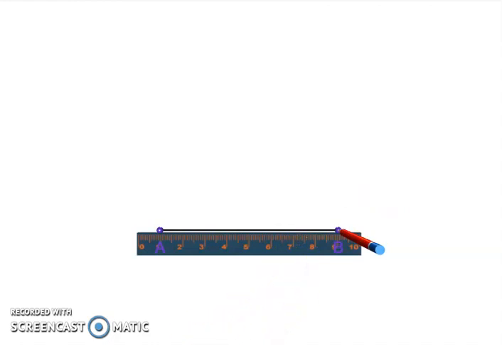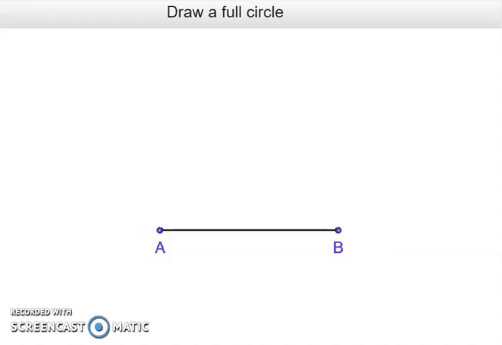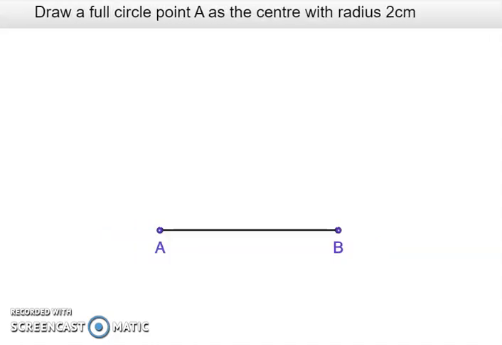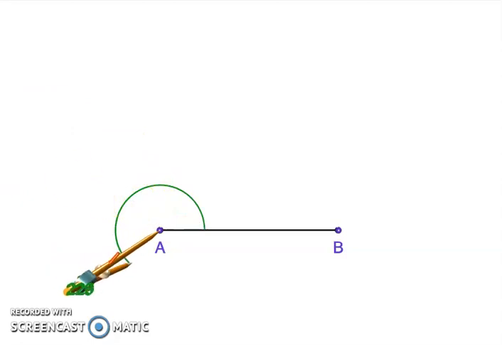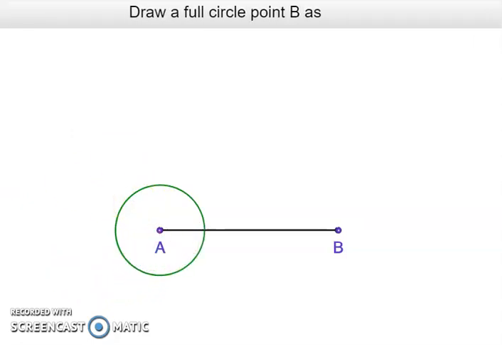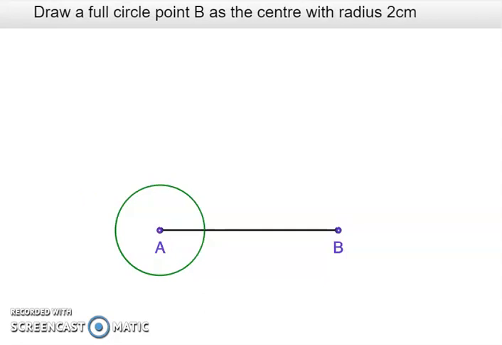So in this case, we are going to draw a full circle. Start from point A as the center with the radius of 2 centimeter or x centimeter. So A as the center, and we draw a circle, and then we repeat the same with B as the center.